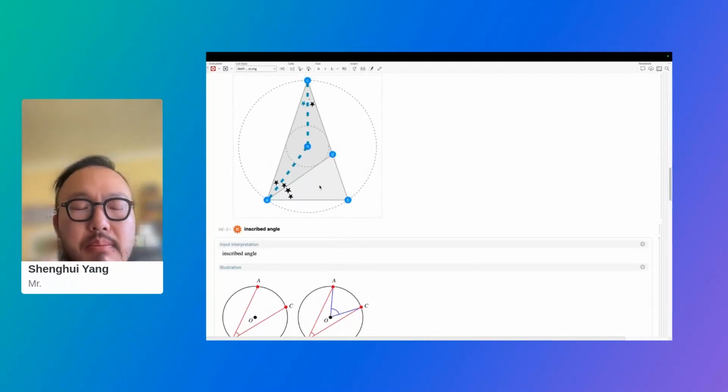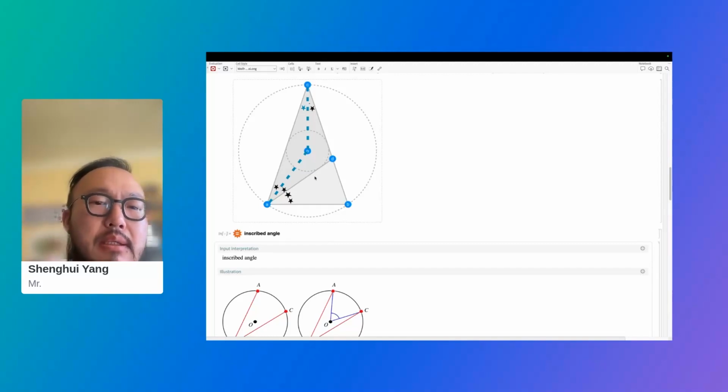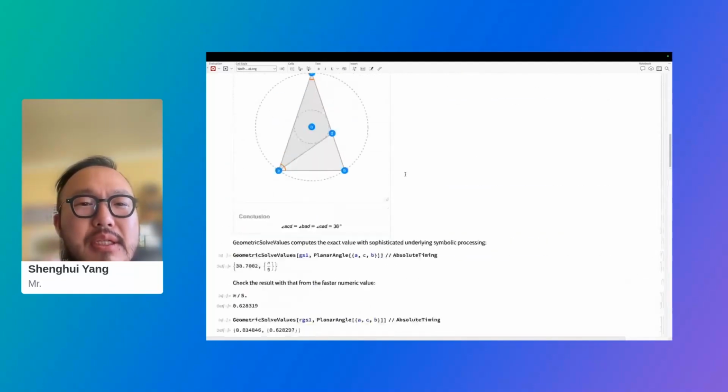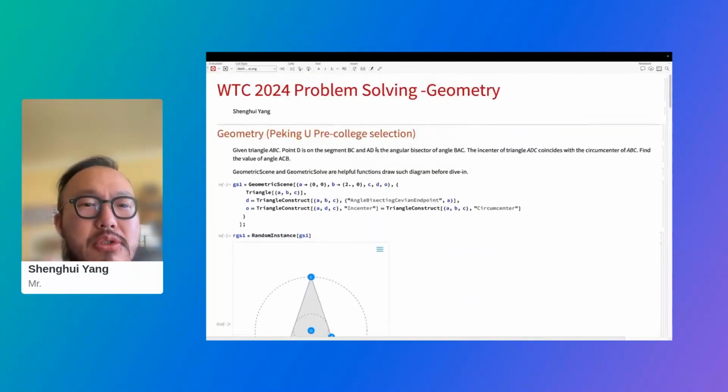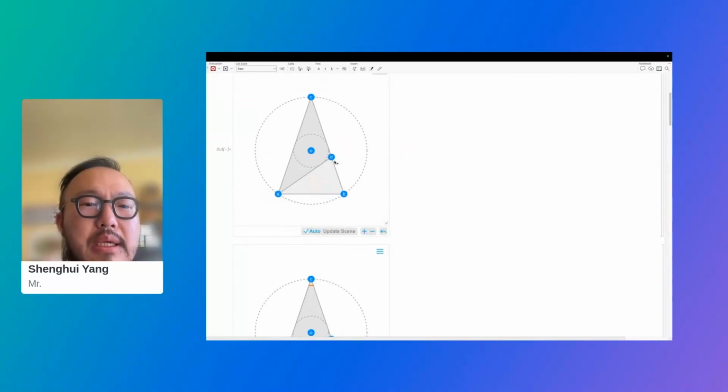And what is more important about using the Wolfram Language geometric scene here is that you can sometimes manipulate the problems. It's not the Manipulate function here, but you can actually create a different version of this problem. So in this case, you go back. It shows D is on the segment BC, and AD is an angular bisector of BAC. So basically AD is dividing the angle.